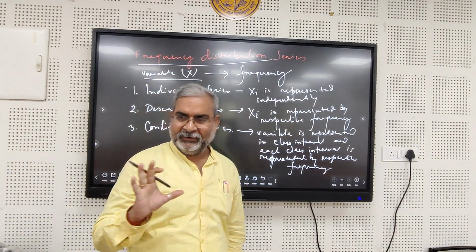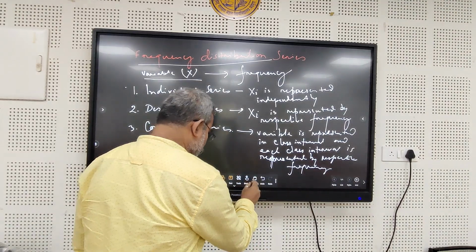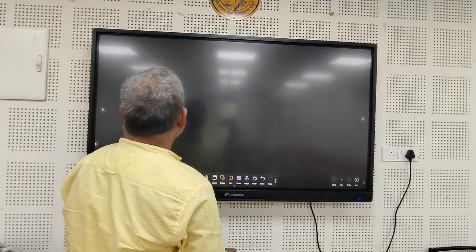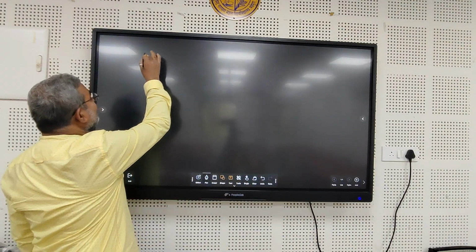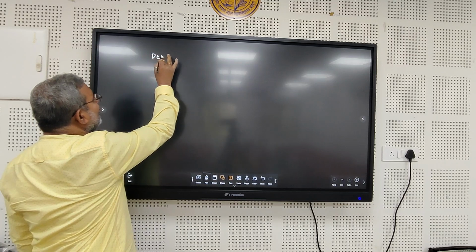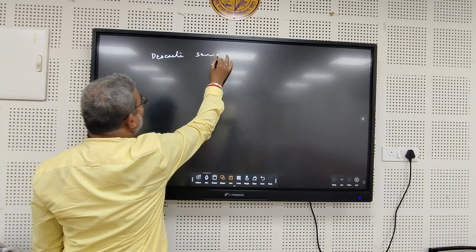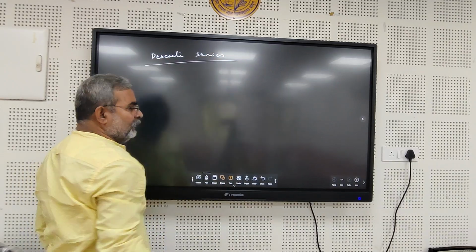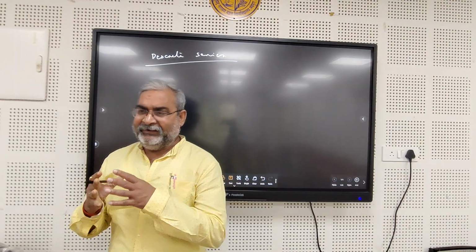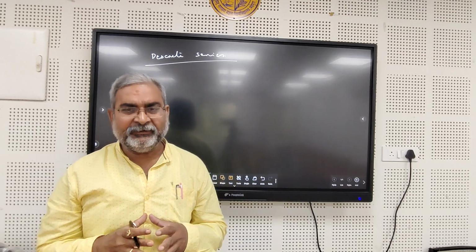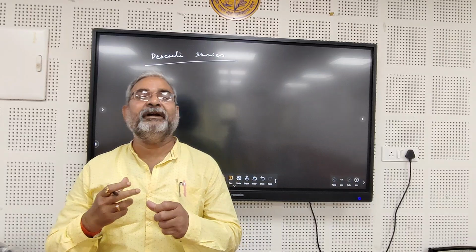Clear? There is no difficulty here. Now, in the second condition, that is the discrete series, each variable is represented by its respective frequency.